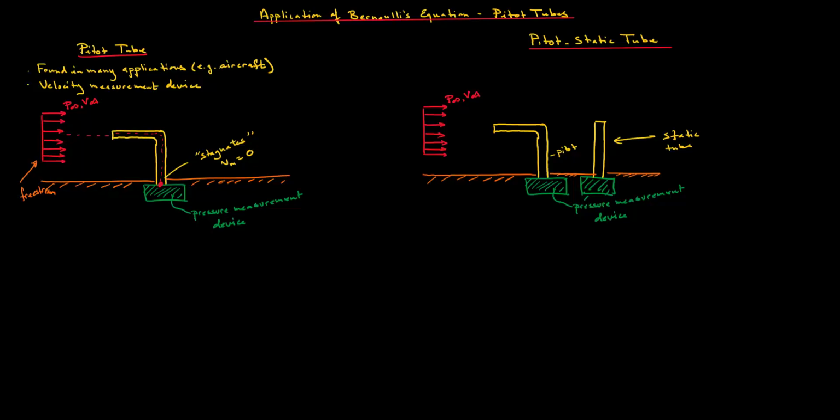So we're going to consider this location M, and it has an elevation Zm. So the fluid enters the pitot tube, which is a hollow tube, and stagnates at the end of the pitot tube. At this location M, the local pressure is Pm.